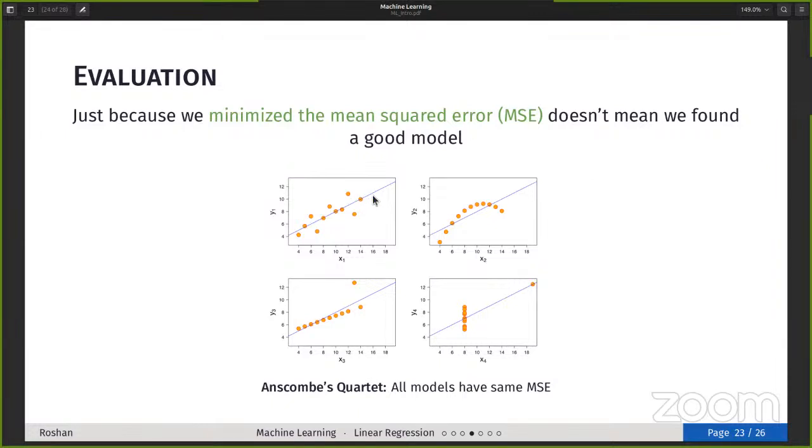Model means I represent, I mean this line. Okay, it's this model.